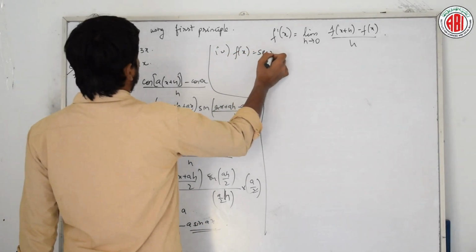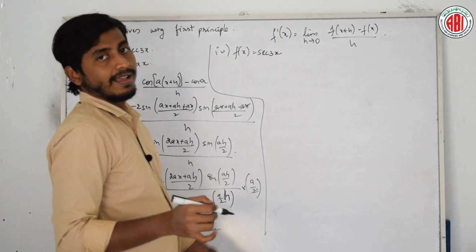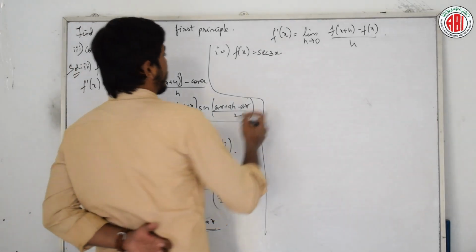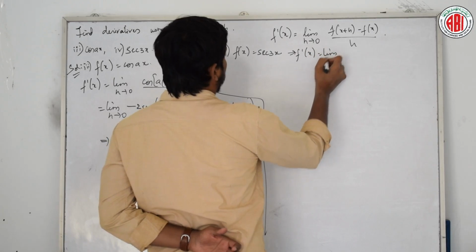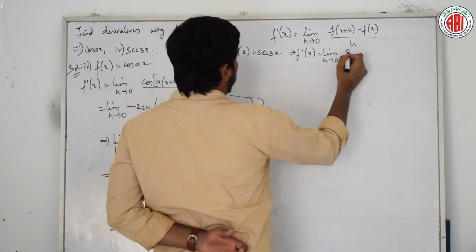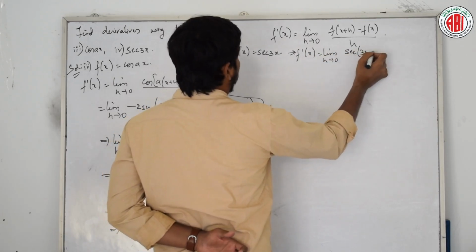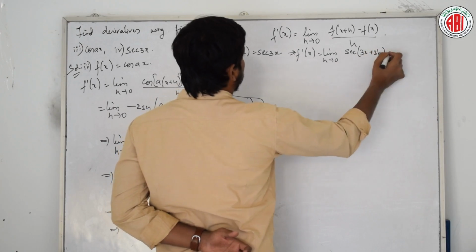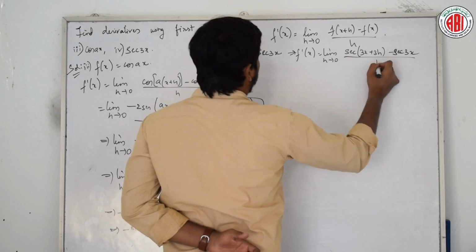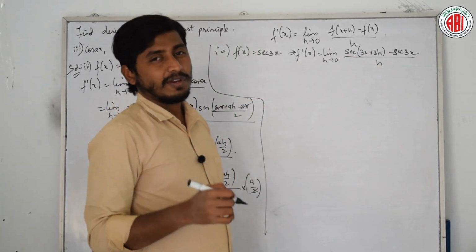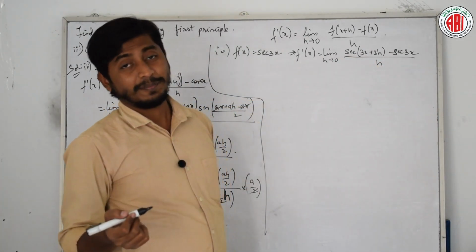Okay. See here, the next question is secant 3x. How do we do? First let us substitute it. F dash of x is equal to limit h tends to 0 secant, let me multiply directly, secant (3x plus 3h) minus secant 3x divided by h. Do we have a formula for secant a minus secant b? No, right?